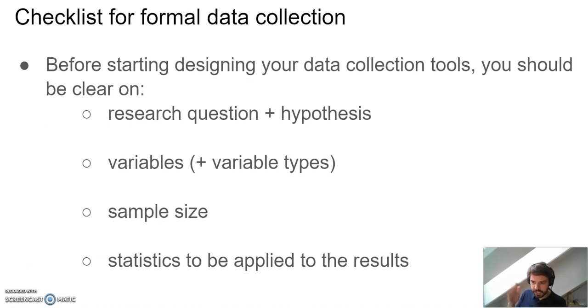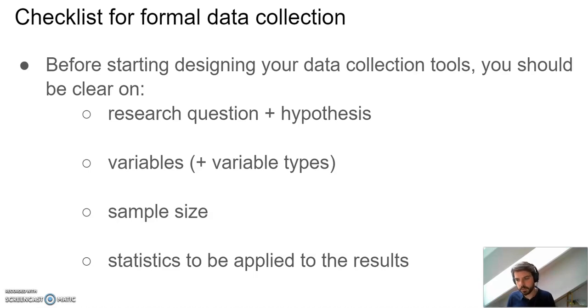Okay, we'll basically turn to some specific tasks, but there are some things that need to be in place before you even start doing your data collection. This is part of general research design that has to be in place before you start designing your data collection tools. So what should be clear is your research question and your hypothesis. What are you trying to confirm or disprove?